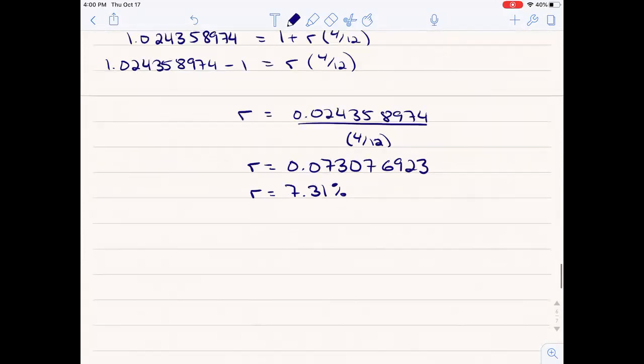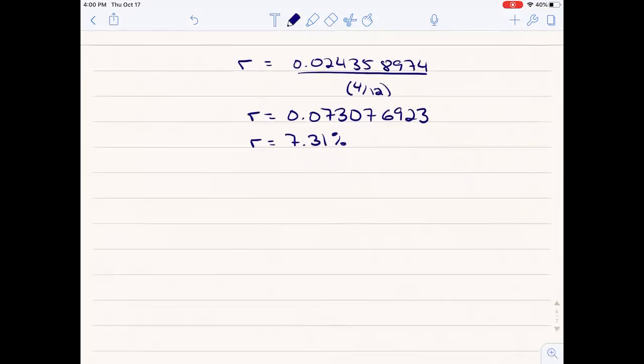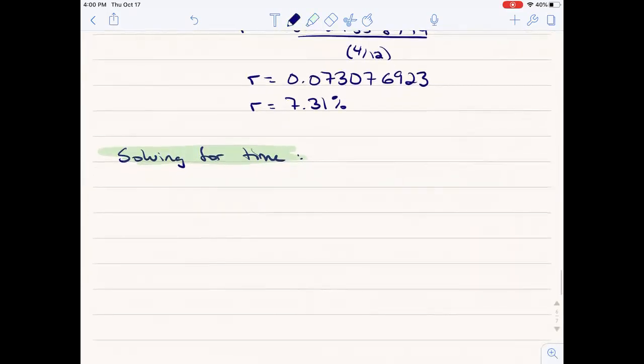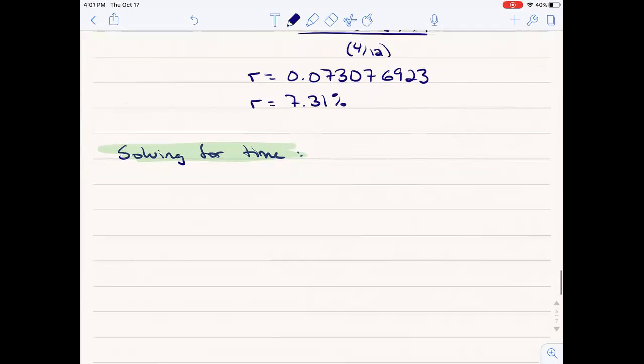Got it. Solving for time. Same idea as solving for R, right? We'll go through and look at the general form, and then we'll have a look at an example.